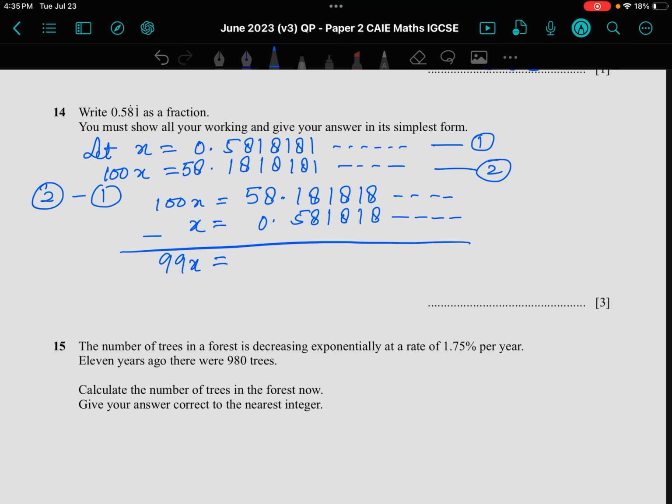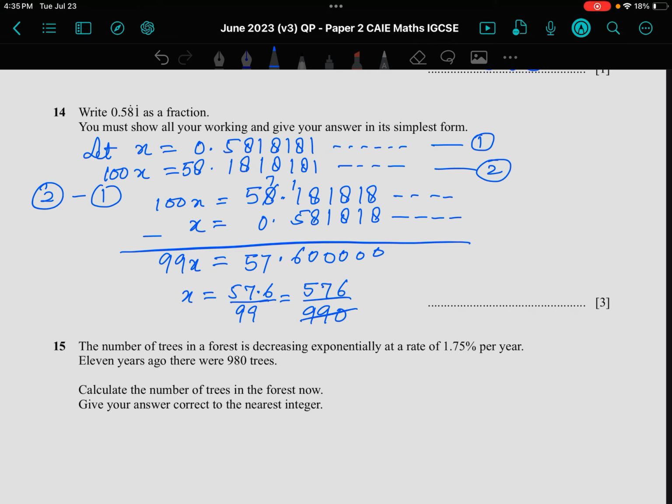X is equal to everything here 0 0 0 0 0, and then 11 minus 5 gives me 6. Here remains 7. This is 57. So x is equal to 57.6 upon 99, which can be written as 576 upon 990. When you remove the decimal, a 0 will increase in the denominator.